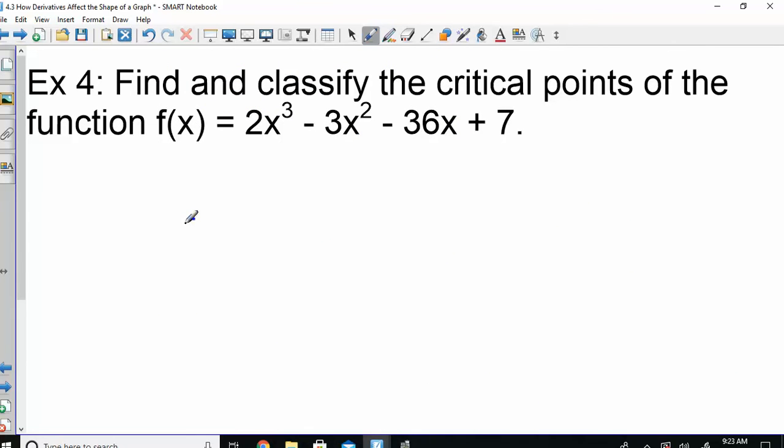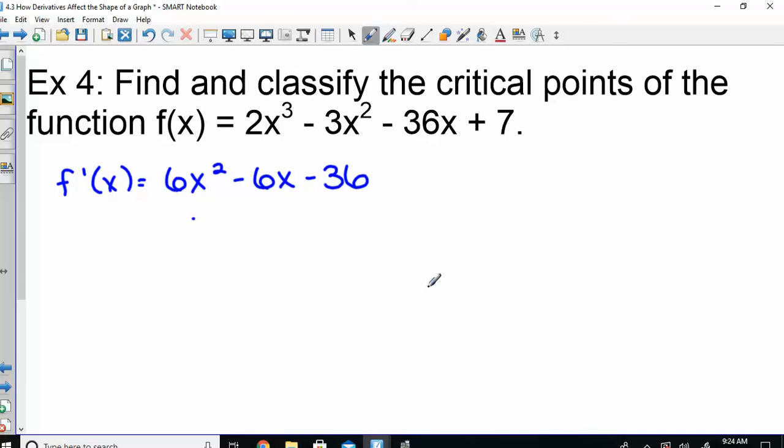So find and classify all the critical points. So our derivative would be 6x squared minus 6x minus 36.